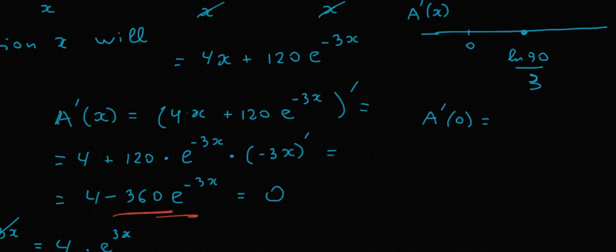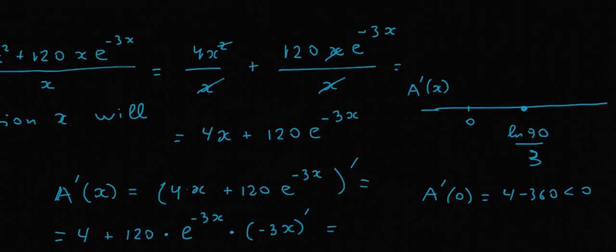So if we plug in x equals 0 in here, e to the power 0 is 1, and we're going to get that this value of the derivative at 0 is 4 minus 360. This is a negative answer. So the derivative of our function is negative to the left of the critical point.